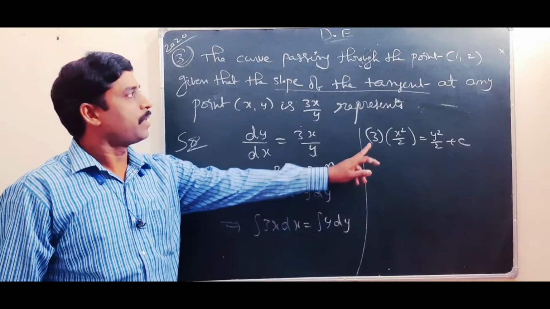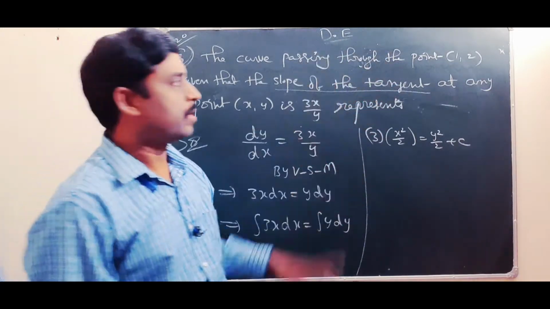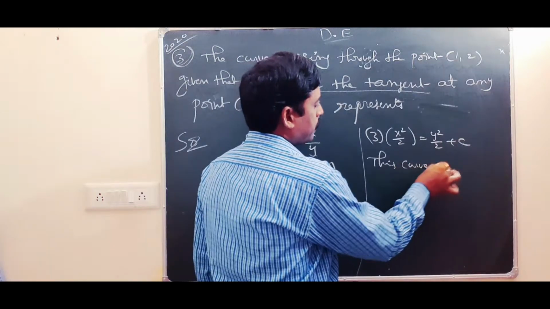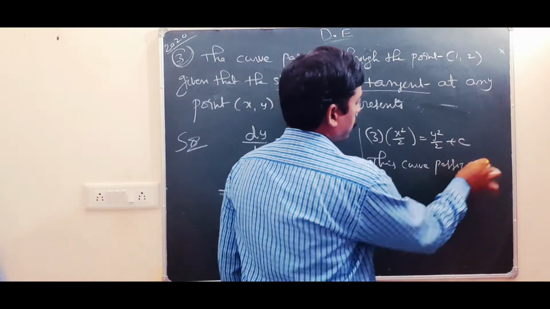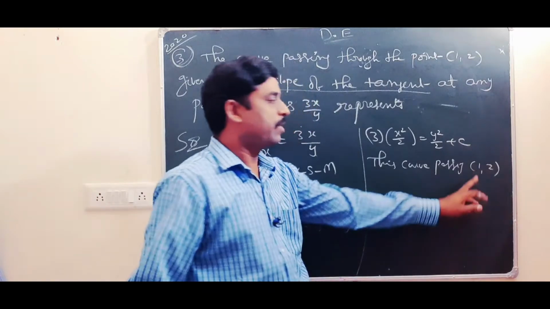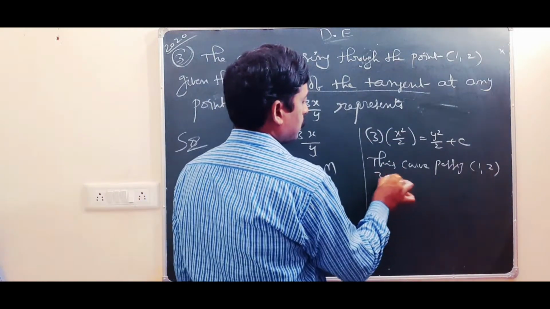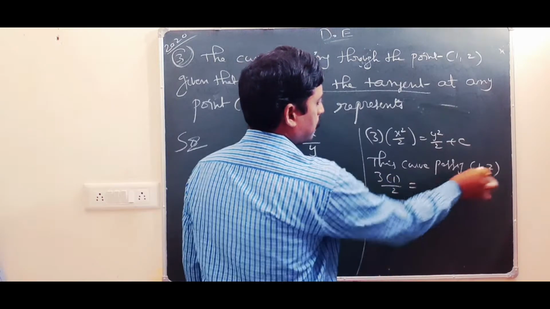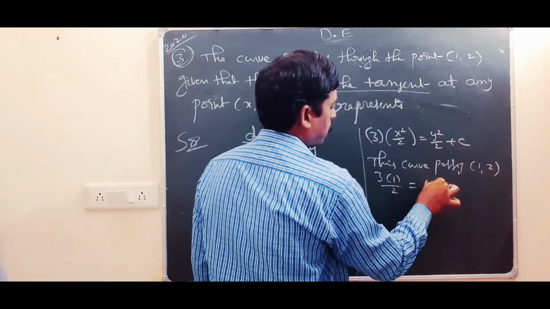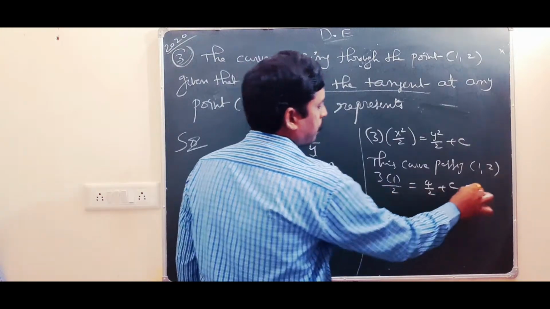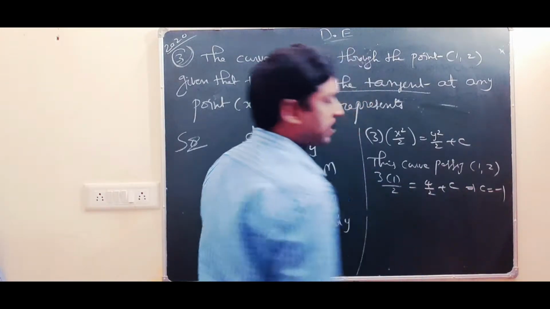This curve passes through the given point (1, 2) on the xy plane, so we substitute 1, 2. So 3 into 1 by 2 equal to 4 by 2 plus c. It will be 3 by 2 minus 4 by 2, so c will be minus 1 by 2.